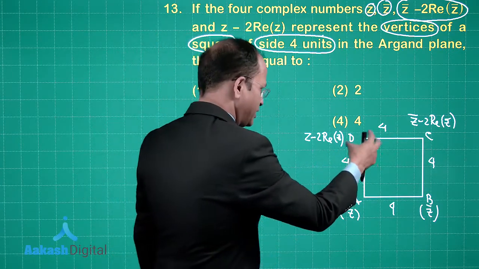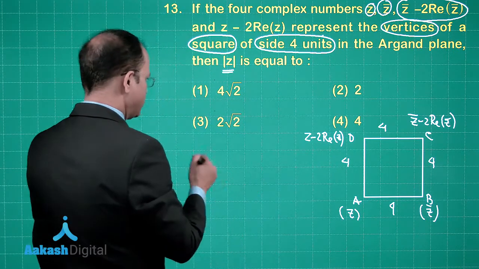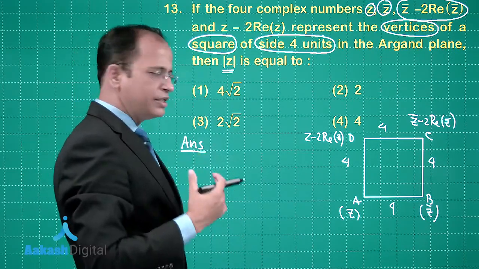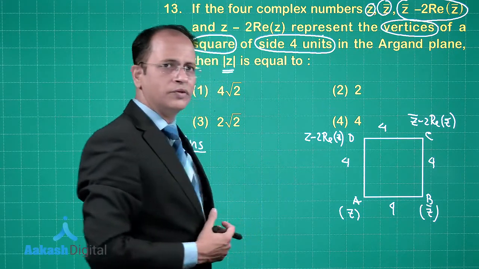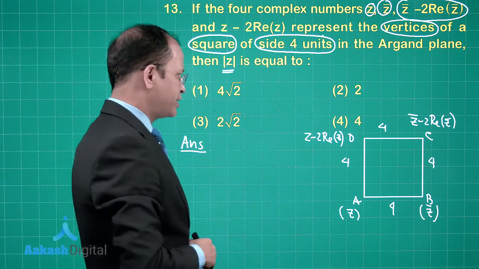Now these are the sides of a square, so obviously the sides are equal. We need to find mod of z, which means we need x and y, since mod of z is the square root of x square plus y square.